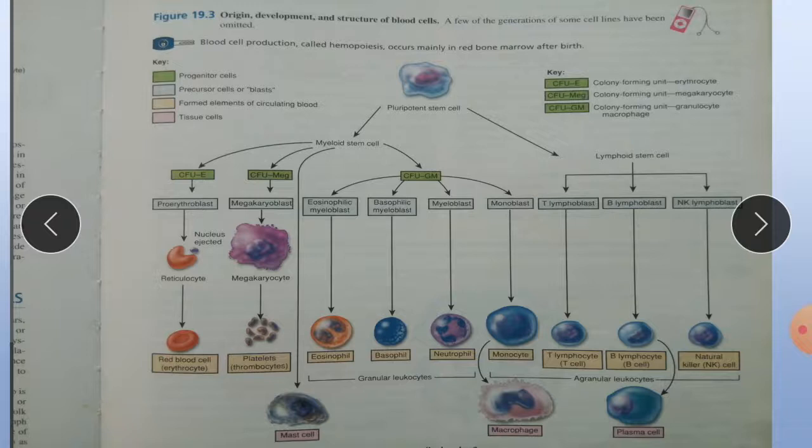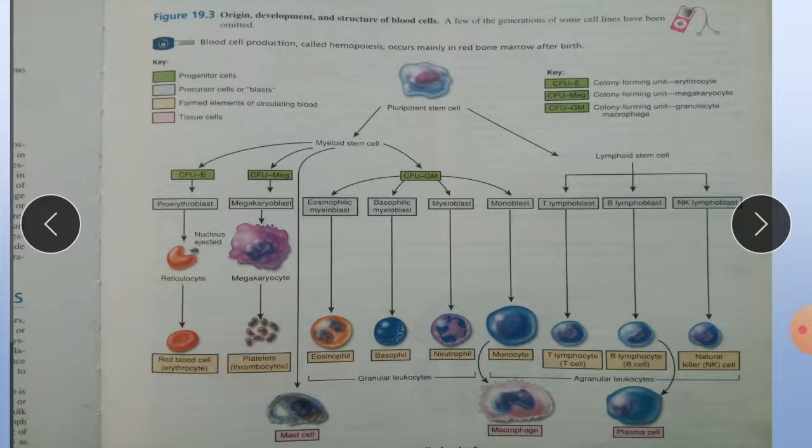Over several cell divisions, they develop into the actual formed elements of blood. For example, monoblasts develop into monocytes, eosinophilic myeloblasts develop into eosinophils and so on. The basophilic myeloblast will produce the basophil and the myeloblast will produce the neutrophil. Like this, they will produce each and every cell.